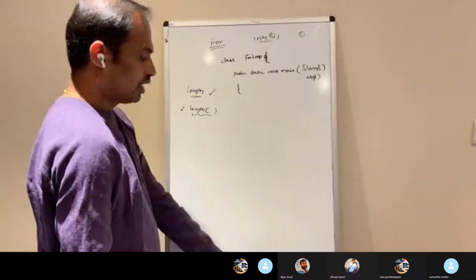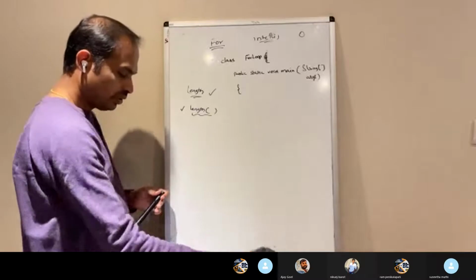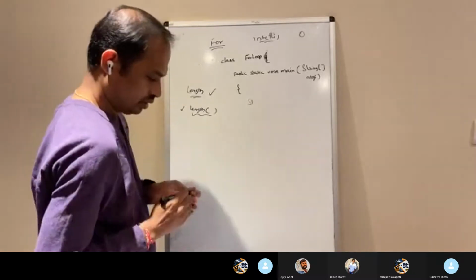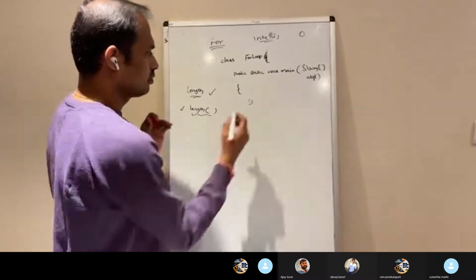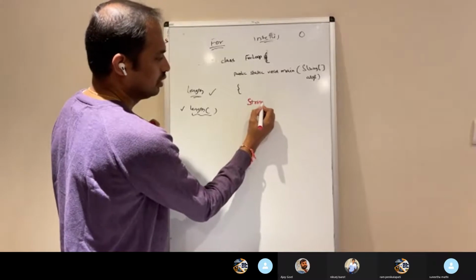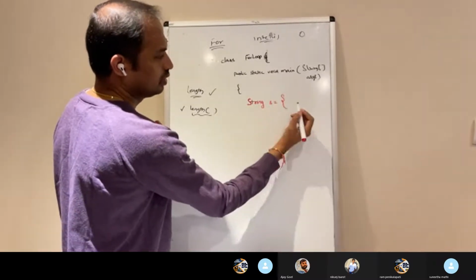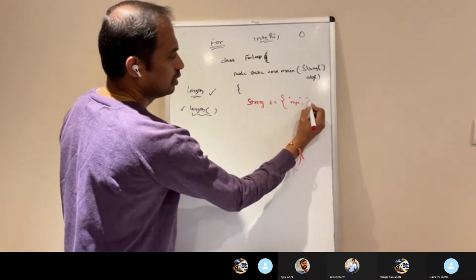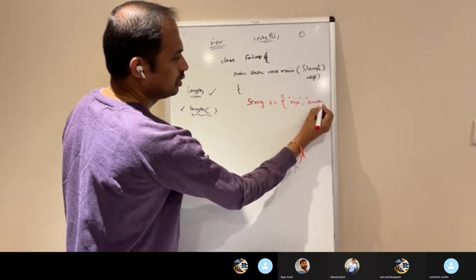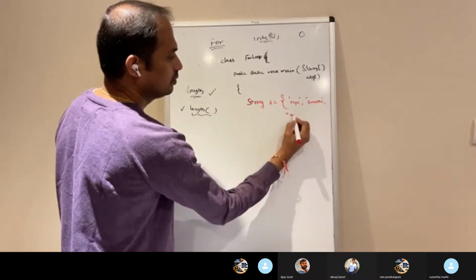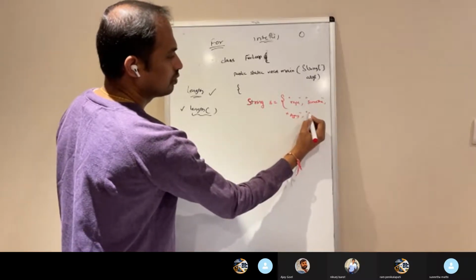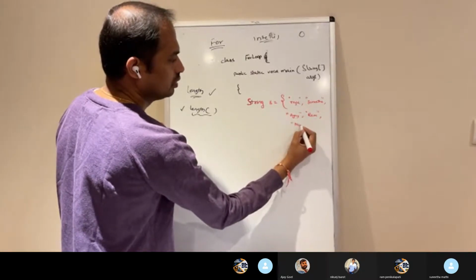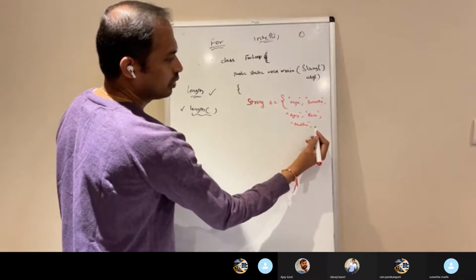Okay. So if I give one string, I have given a String array s is equal to Raja, Sunita, Ajay, Ram, Madhu, and who else is there?